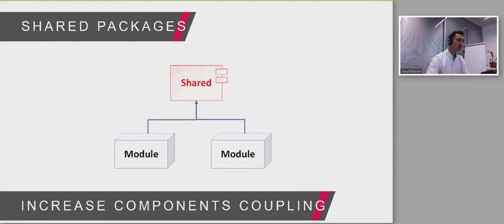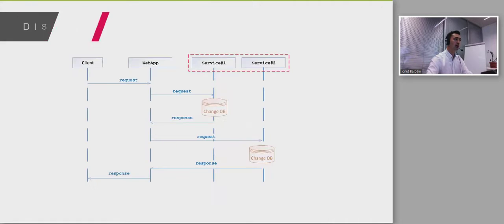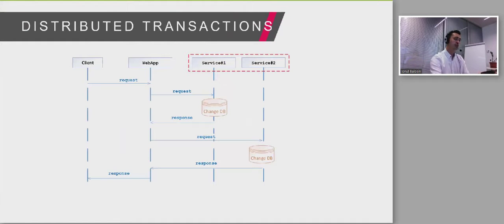Also, you can create coupling with transactions, especially if you have distributed transactions. For example, as you can see here, you have service 1 and service 2, and the client sends a request, and if that request enlists both services within the same transaction, maybe it's not a good design, because you need to keep service 1 and service 2 coupled.